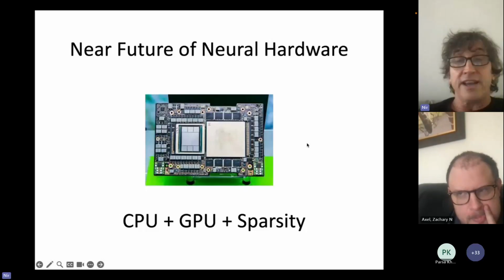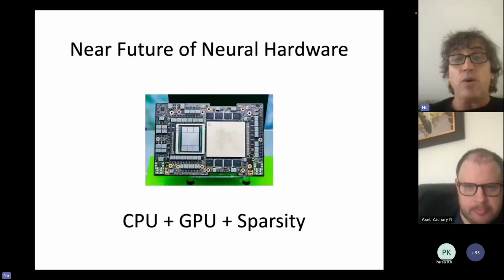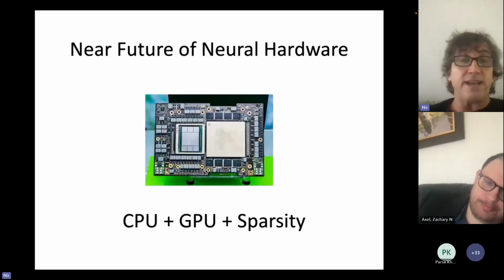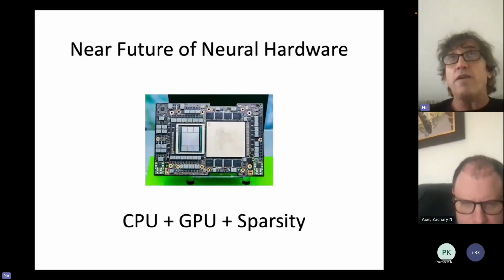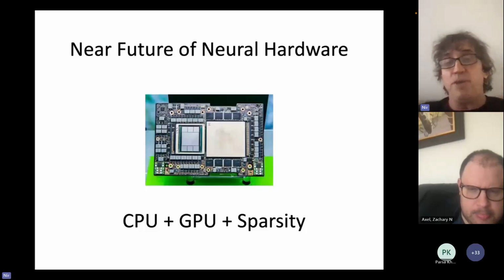It's going to come out into the marketplace in the next months. It is a CPU plus a GPU that also offers you ways to do sparsity, combining sparsity to make the models smaller together with running on a device that has both a CPU with a lot of memory and a GPU with a lot of compute. That is probably where we're going to be in the near future.